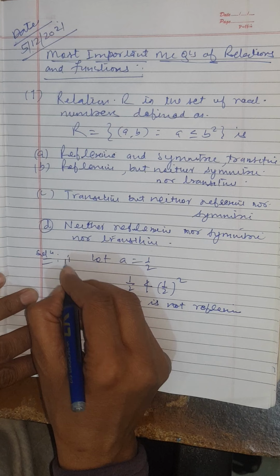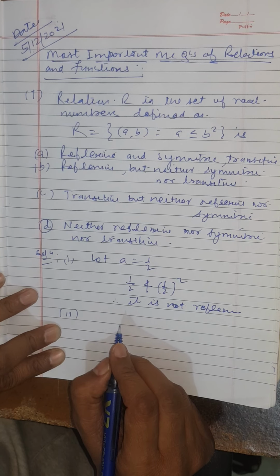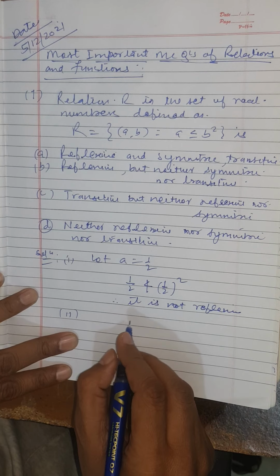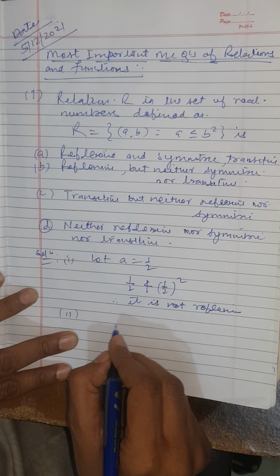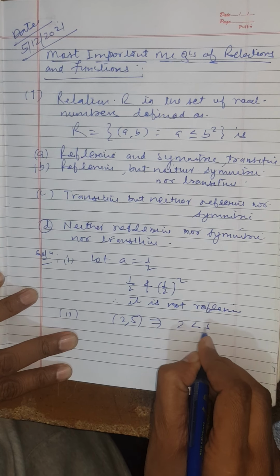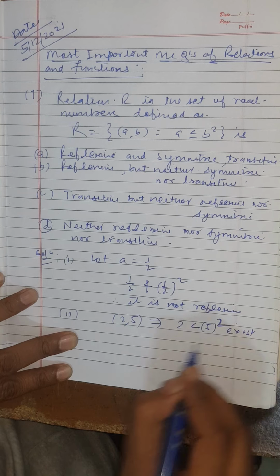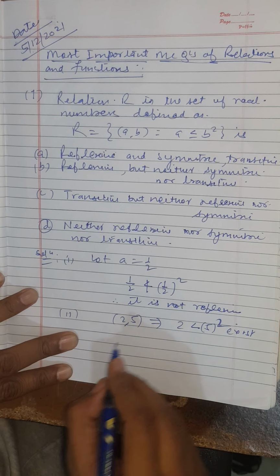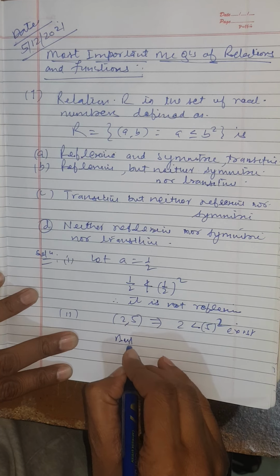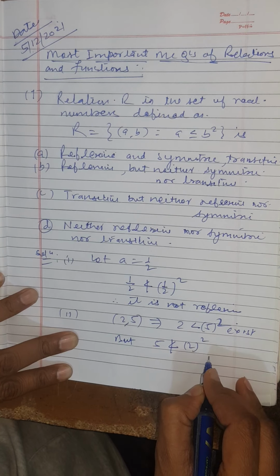Now for second, symmetric. Suppose we take the ordered pair 2 and 5. We say that 2 less than or equal to 5 square exists, but 5 is not less than or equal to 2 square.